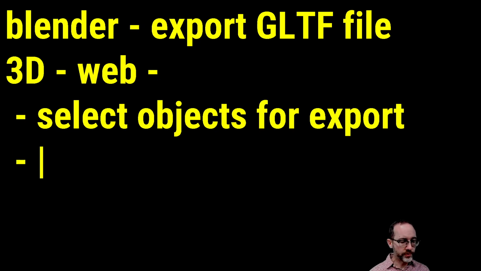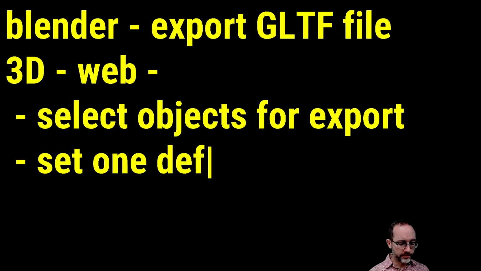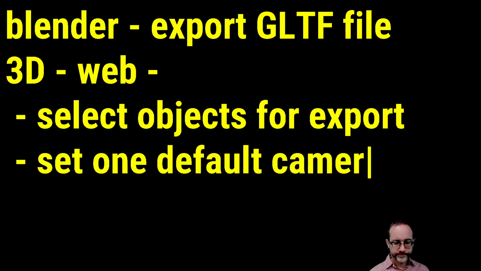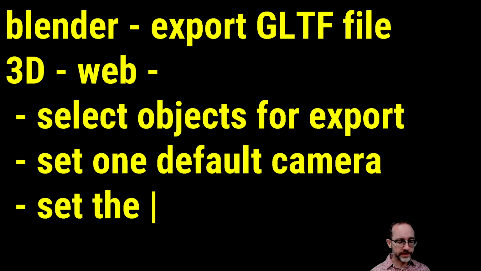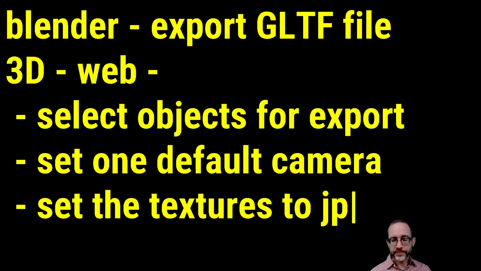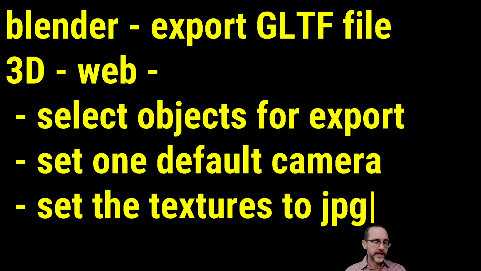We're going to set one default camera before we export, and then we are going to set the textures to JPEG so that the whole thing is small, because we're going to need to make a Sketchfab account, and the free account needs to keep everything under 100 megabytes, and our scene should be under 100 megabytes if we tell it to export the textures as JPEG.